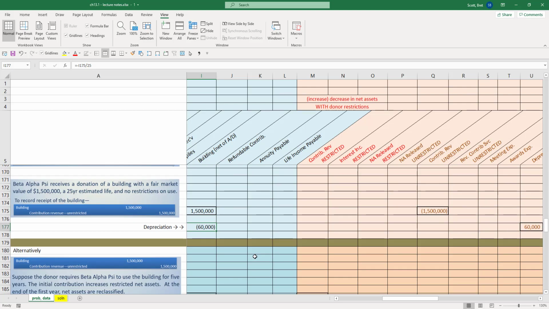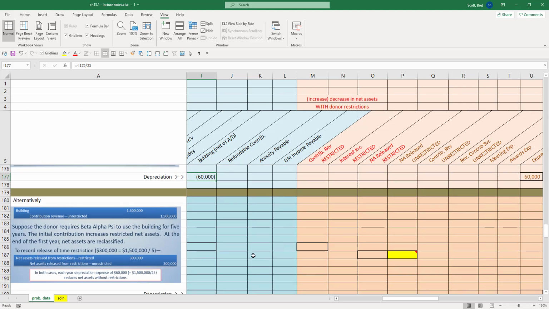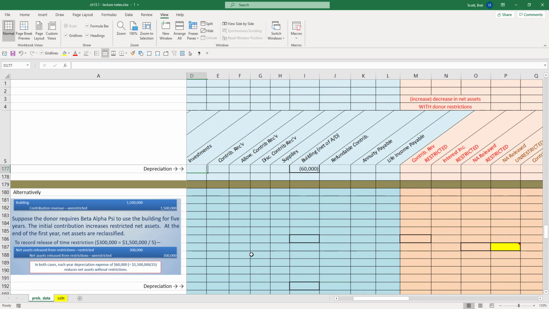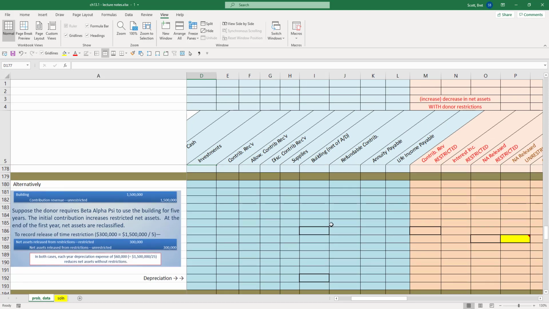They give us another example down below and say, but what if they're really just giving us the use of the asset? We're not really buying this thing. Someone else is transferring the ownership for a short period of time, almost like a lease, but we're not really renting it. So someone has contributed to us something worth 1.5 million, and the difference here is we have to give it back after 5 years.